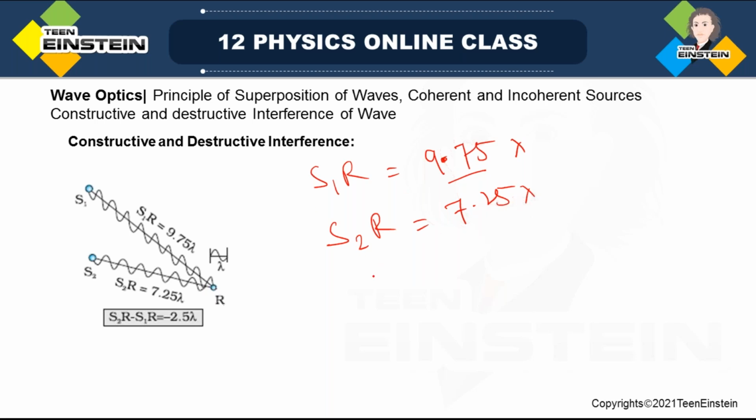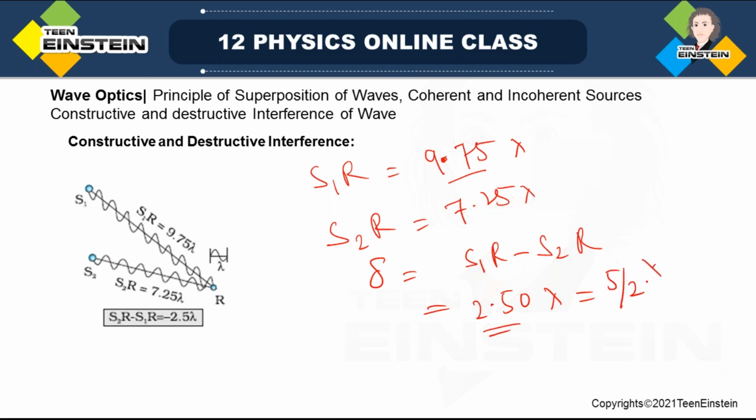Anyway, we can just get the path difference delta, that is S1R minus S2R. So here you get 9.75 minus 7.25, which is 2.5 lambda. This is the path difference.